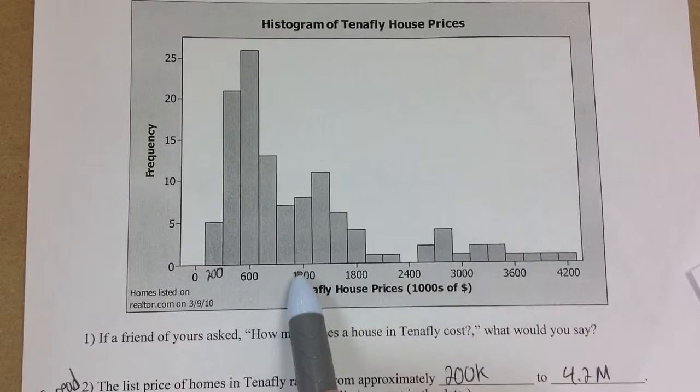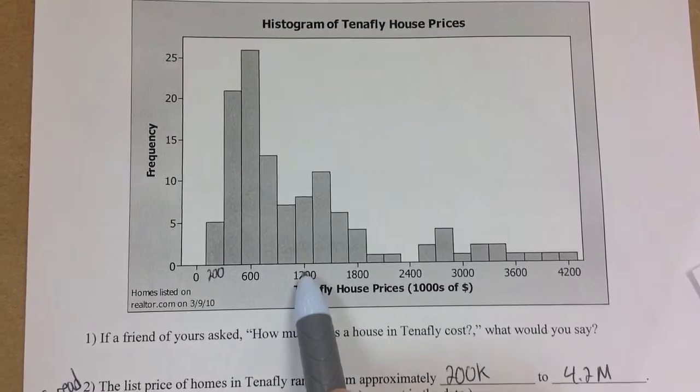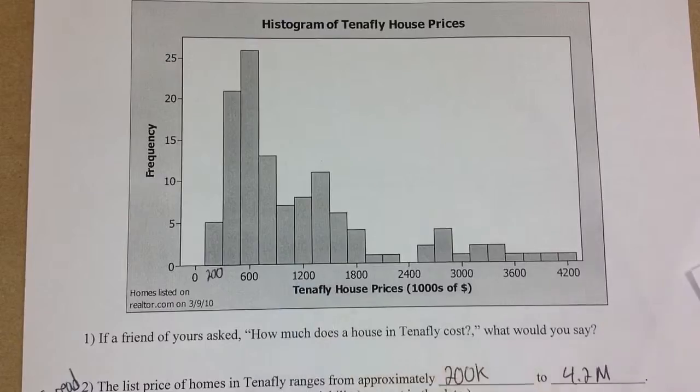Okay? So I think 1.2 million is a reasonable figure. But you write down what your guess is for the mean. Note, however, that your guess for the mean is probably higher than your guess for the median. Did you notice that?